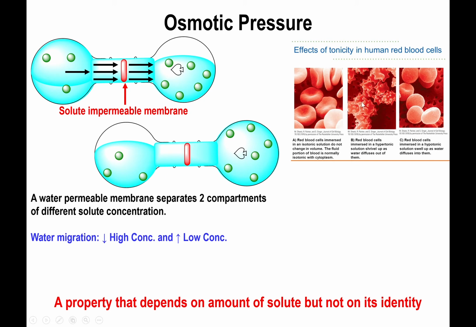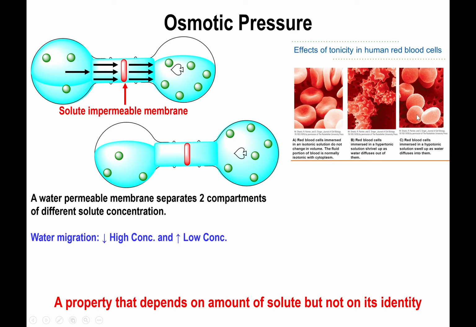So you can see here how the cells change in form. These ones have been left with very little water inside of them because the concentration outside ended up being very, very high. So the water from the inside of the cells exited them in order to try to lower the concentration outside of the cells.